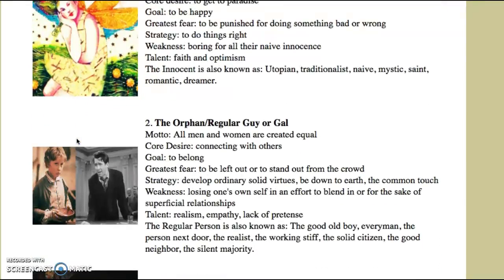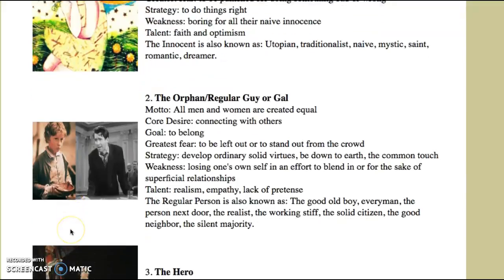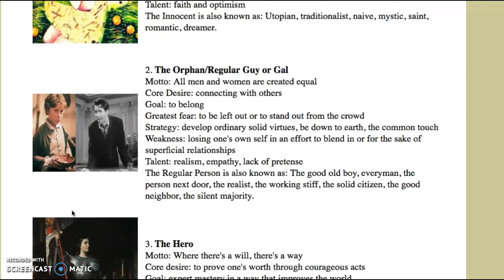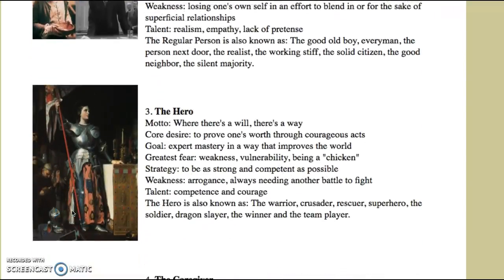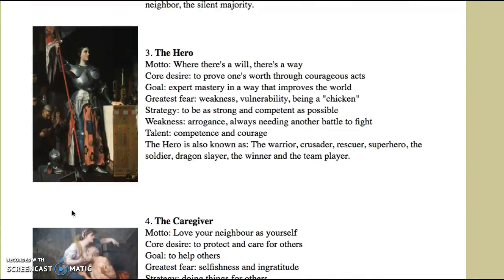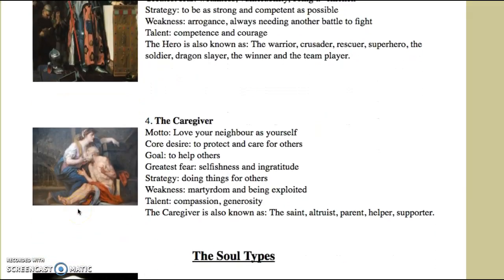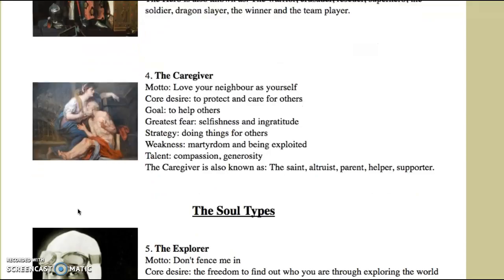The orphan or the regular guy or gal. You can see there the different things that happen with that particular character. There's the hero. The caregiver, it's often a feminine character.